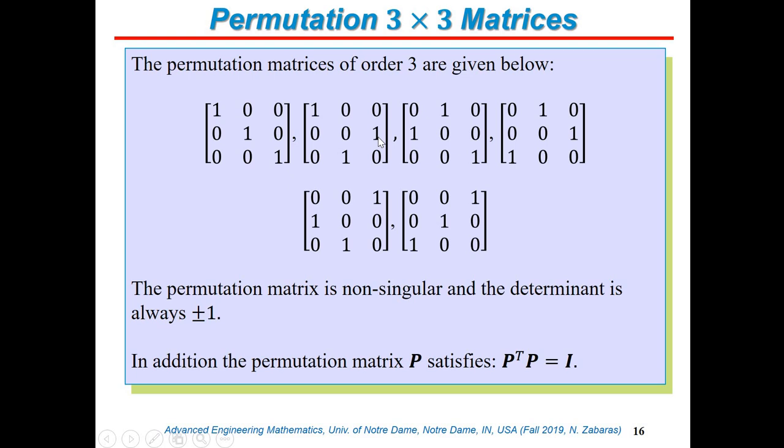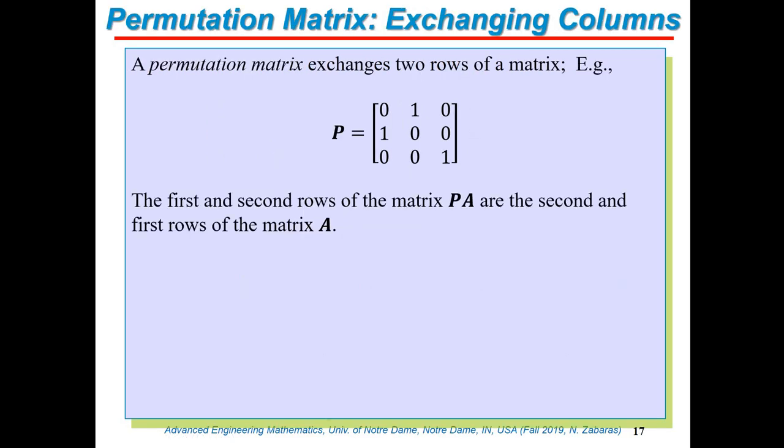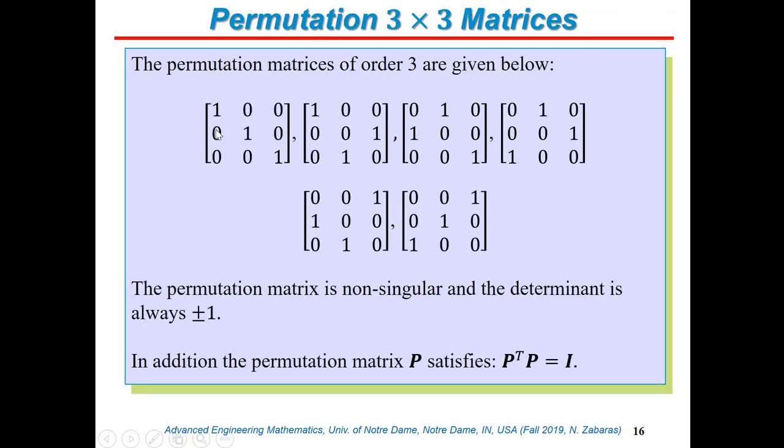We already have occupied 1, 0, 0, so the second row will be either 0, 1, 0, or 0, 0, 1. And then, of course, for each of these choices, the choice of the third row is only 1. So in the second matrix that you see here, the last choice would only be 0, 1, 0. So 6 permutation matrices for 3x3.